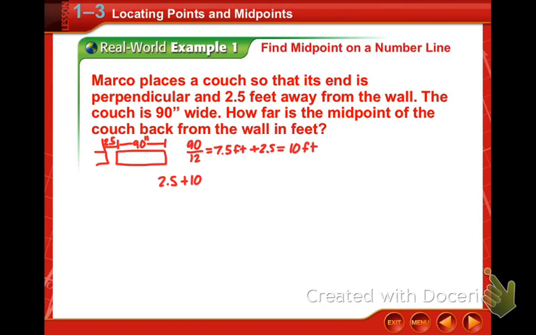So plus 10. Then we divide by 2. And 2.5 plus 10 is 12.5. Divide by 2. And we get 6.25. Now we're talking about feet, so this is feet. Make sure we include our units. Always important to include our units.